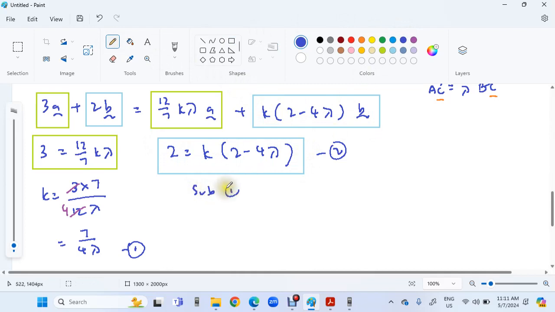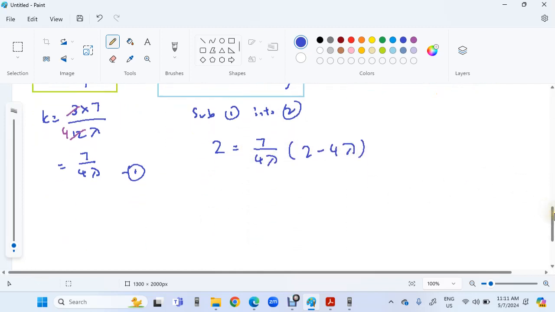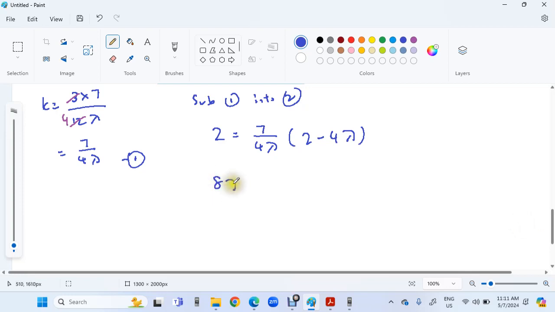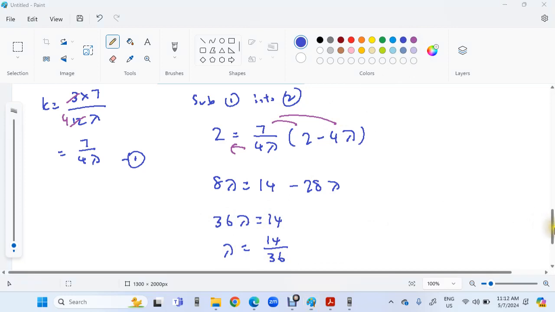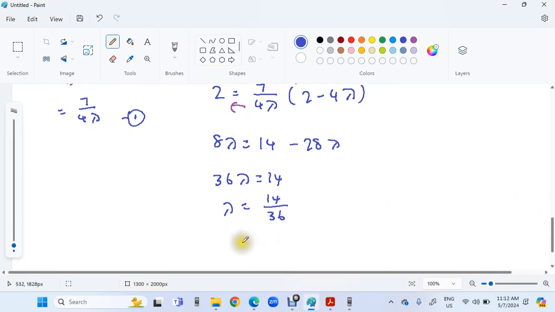We sub equation 1 into equation 2. Then we have 2 equal to 7 over 4 lambda, 2 minus 4 lambda. Then we have 8 lambda equal to 14 minus 28 lambda. So I multiply this one and then expand this. Then we have 36 lambda equal to 14, lambda equal to 14 over 36, then 7 over 18.